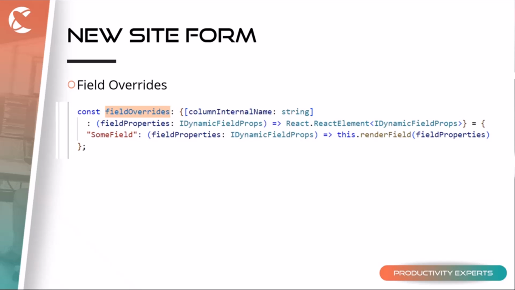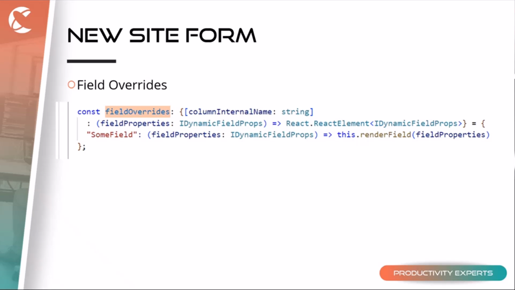This is actually just an object you can inject in your dynamic form, and you can say, if the list contains this field with this internal ID, called some field in the screen here, let SPFx render it like this. I've just returned a render field function here, but you can go nuts on that.